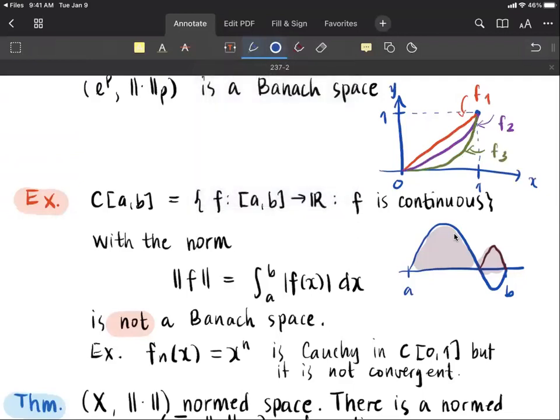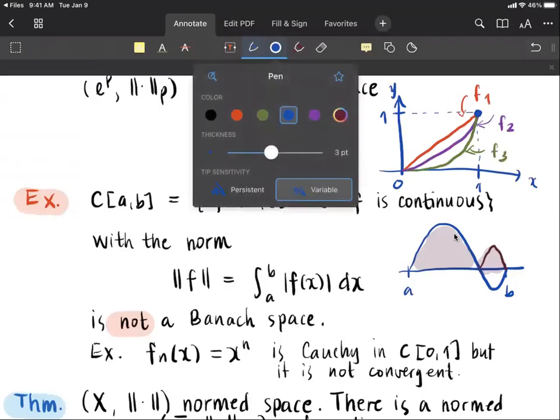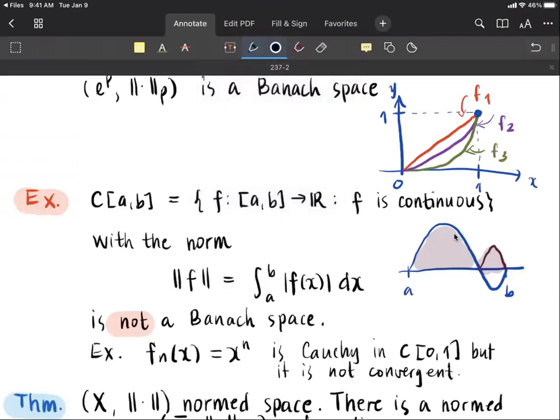for each n, the value is fixed at 1 because 1 raised to n for any n is always 1. So looking at this figure, it seems that the candidate limit would be this function.